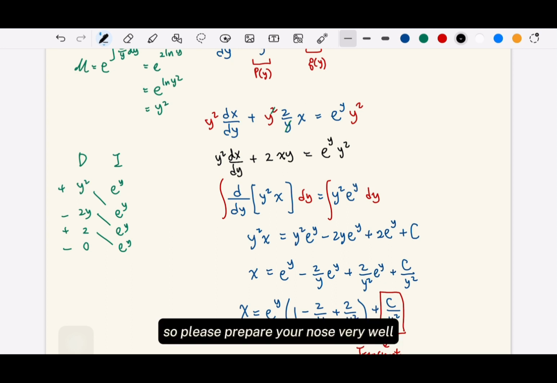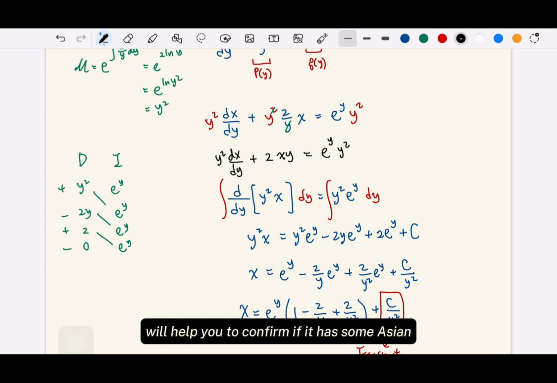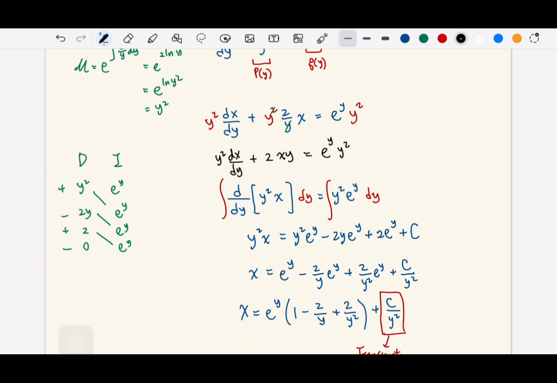So please prepare your notes very well. A4, you can use both sides, front and back. And you can use a calculator. At least the calculator will help you confirm directly whether your solution is correct, if it has some initial condition.